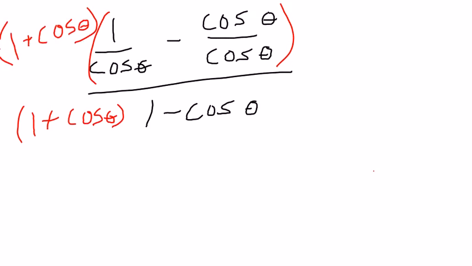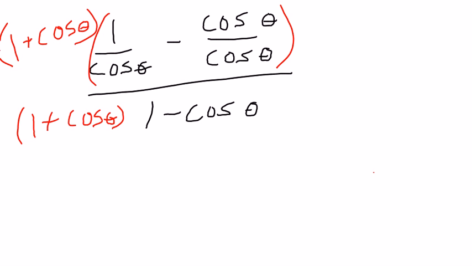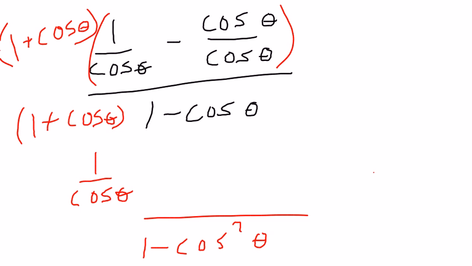Okay, so on the bottom I'm going to get 1 minus cosine squared. On top I get 1 over cosine. That's 1 times 1 over cosine. 1 times, well, essentially negative 1, but let's just go ahead and keep in the cosine over cosine.